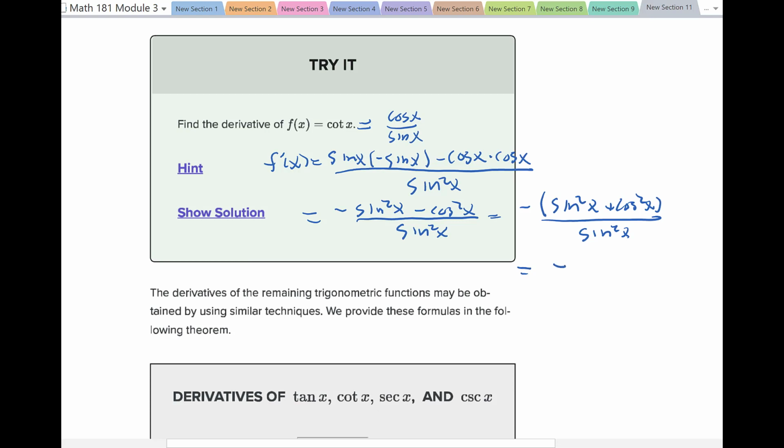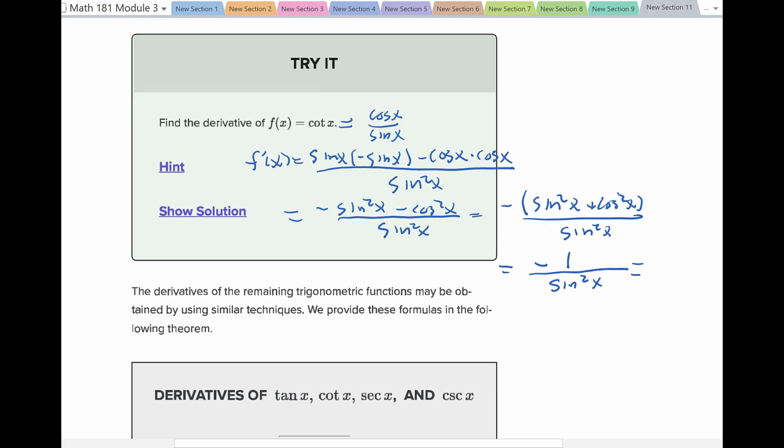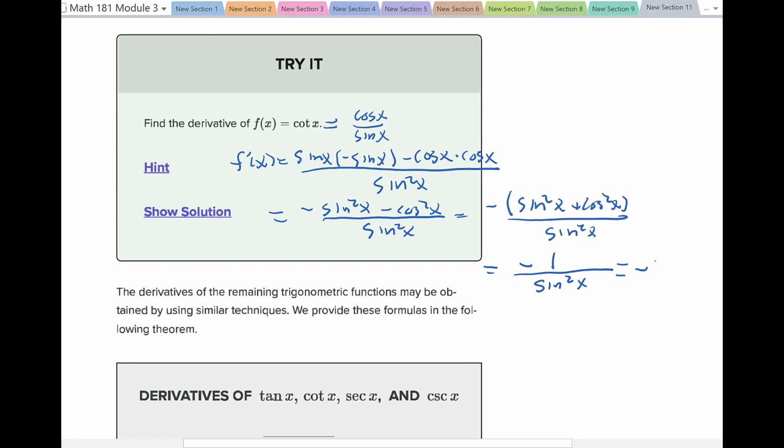The sine squared x plus cosine squared x is 1, remember your Pythagorean identities for trig? So negative 1 over sine squared x, that's going to be negative cosecant squared x. Hey, look at that. We derived a couple more. That's great.